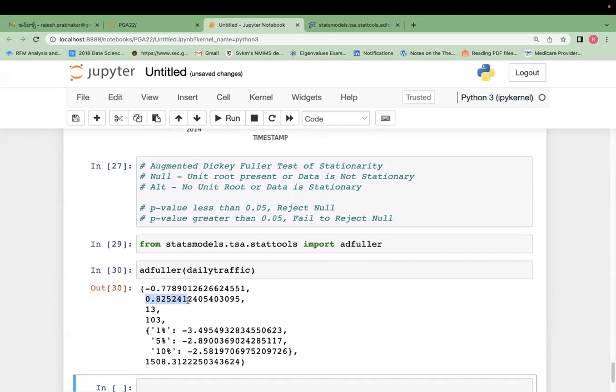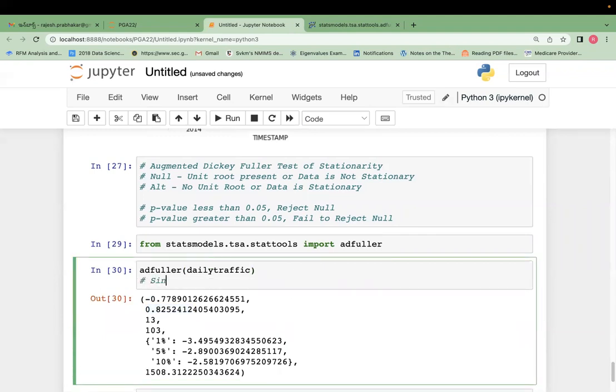And you can see the p-value. Since the p-value is greater than 0.05, we fail to reject the null.